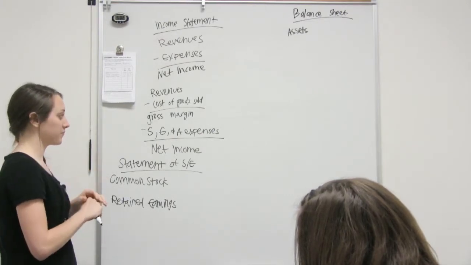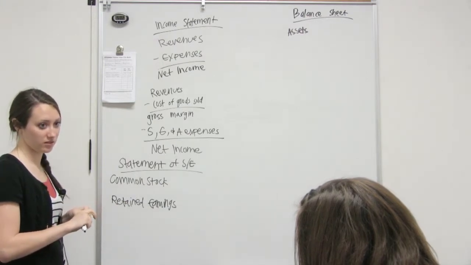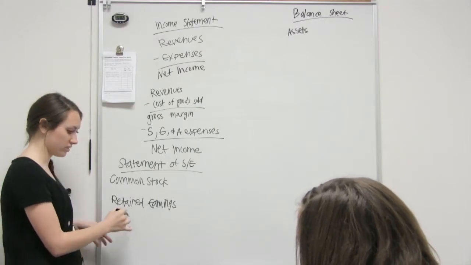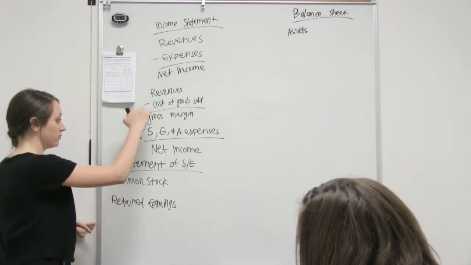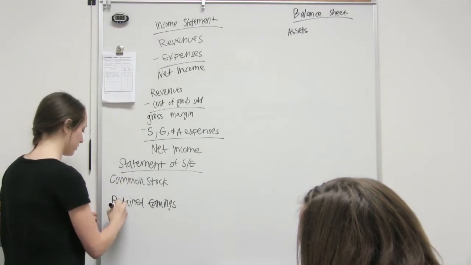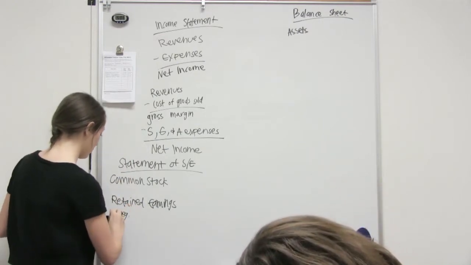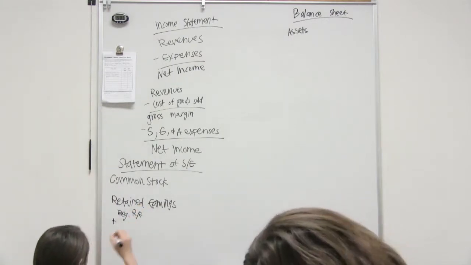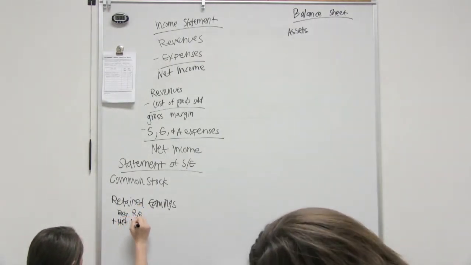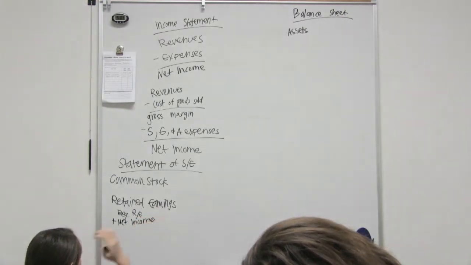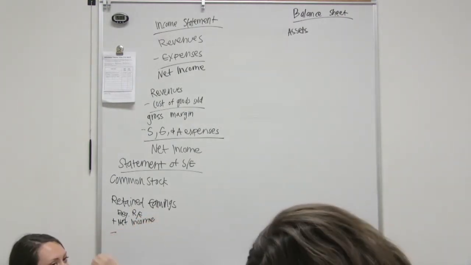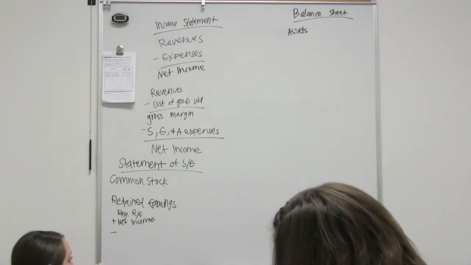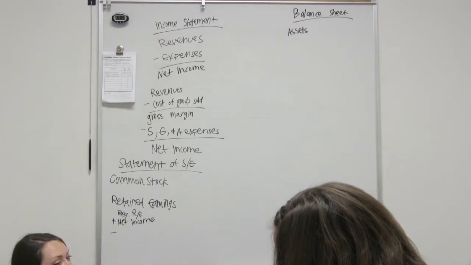Is it like revenue and expenses? You'll start with your beginning retained earnings, and then you'll add your net income. And then you'll take away, there's one more thing that affects retained earnings. You remember what it is?